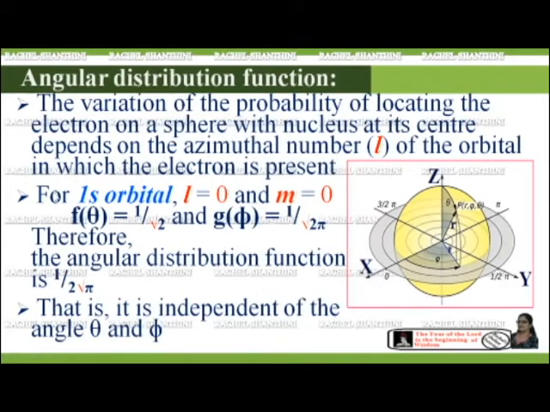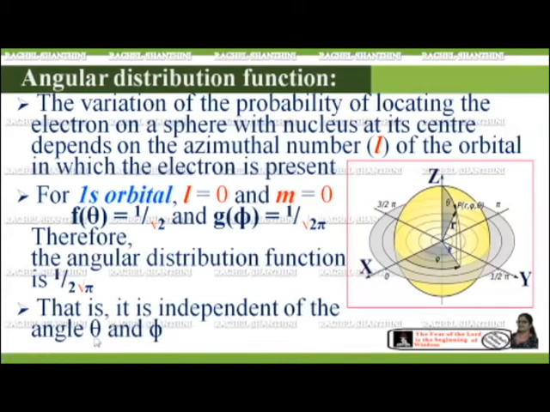It is found that for the 1s orbital, the azimuthal quantum number l is equal to 0 and m equal to 0. f of theta is equal to 1 by root 2 and g of phi is equal to 1 by root 2 pi. If we multiply these two, the angular distribution function is given by the expression 1 by 2 root pi. There is no theta or phi in this expression, right? So it is independent of the angles theta and phi.